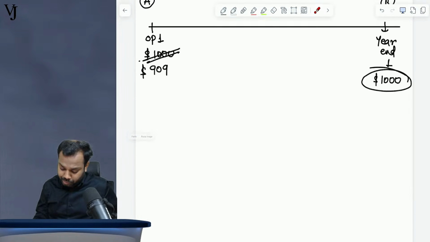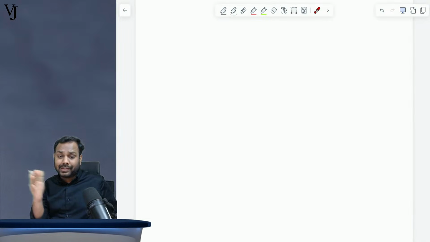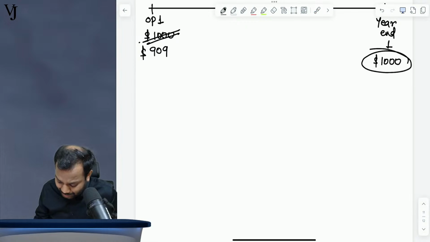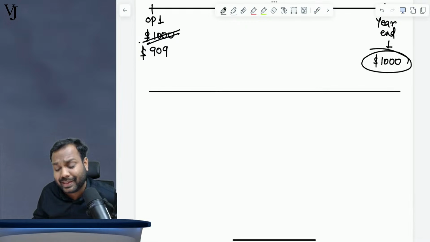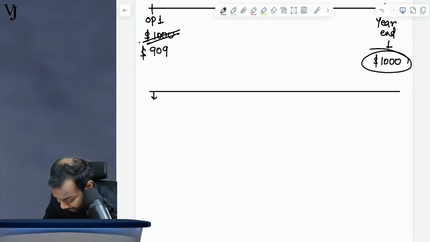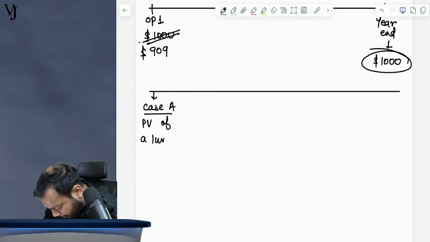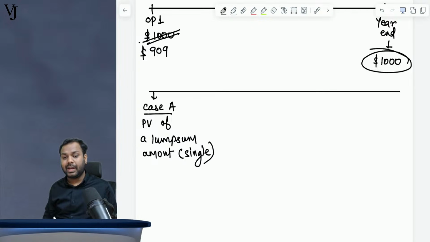Now basically if I have to summarize the entire ACCA FR or SBR syllabus, I can very well say that there can be three possible cases. Case A, present value of a single lump sum amount.